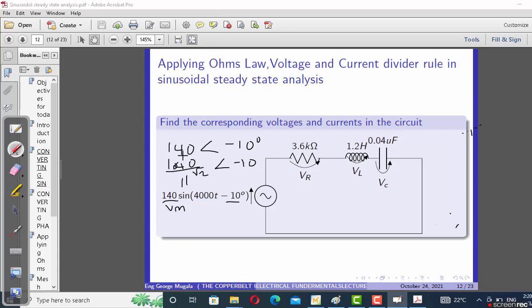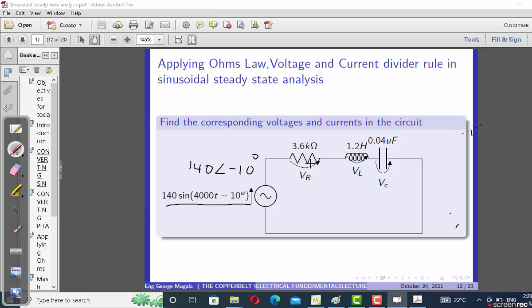So you can choose either to work with amplitude values directly, or work with VRMS by first dividing the amplitude by root 2 and maintaining the angle minus 10. Let's just work with amplitude values, which is one and the same thing. So this becomes 140 angle minus 10.